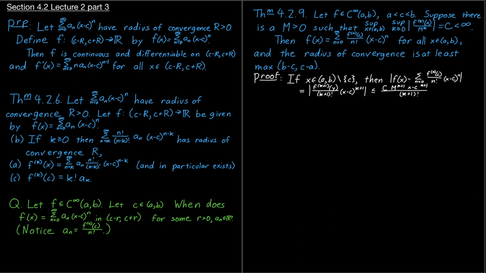And you can show, using various things you want, that this approaches 0 as k gets big, with the partial sum from n equals 0 to k as k goes to infinity.